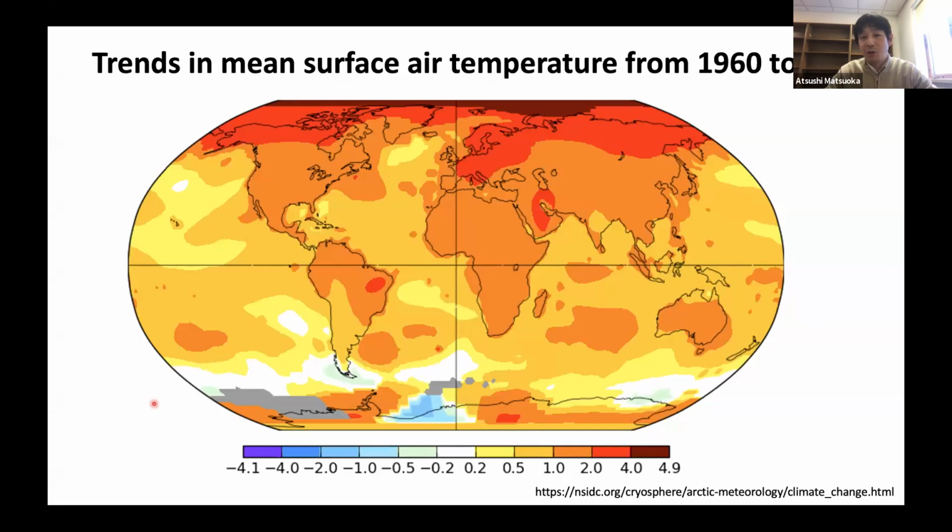This figure shows the trends in mean surface air temperature from 1960 to 2019. What we see here is a high temperature increase, particularly in the Arctic region, much higher compared to any other place in the world. This means that global warming is seriously affecting the Arctic region.